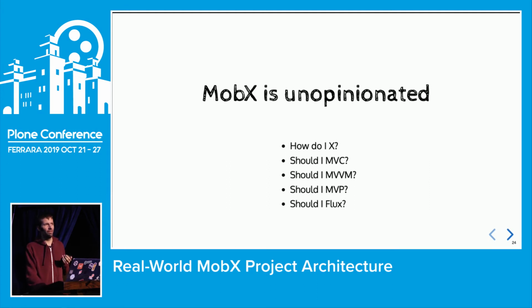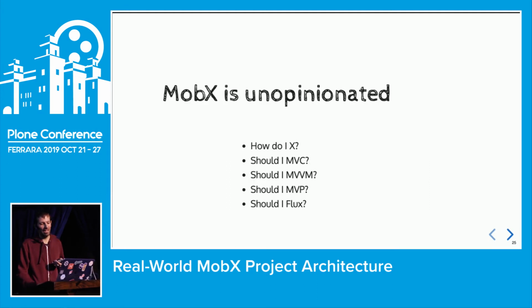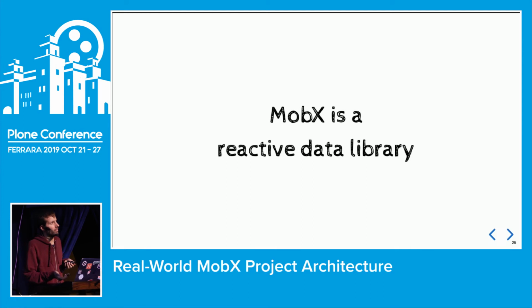What you need to understand first is that MobX is just a reactive data library. So that means that MobX will not put any prescription on your architecture. Redux, on the other hand, is mostly an architecture. And the library is just an implementation of a lot of optimizations in order to avoid re-renders that are not worth it.